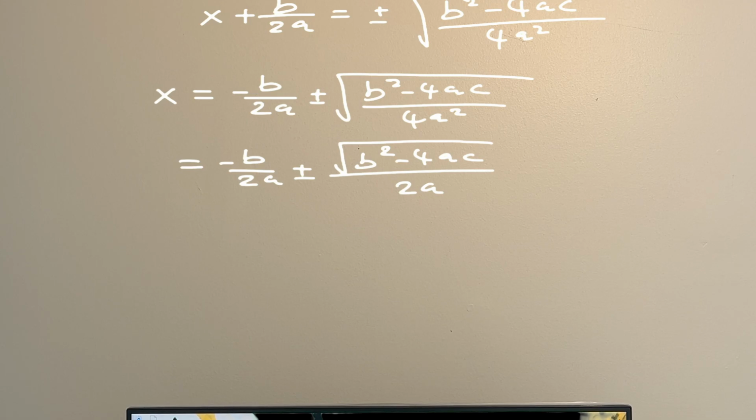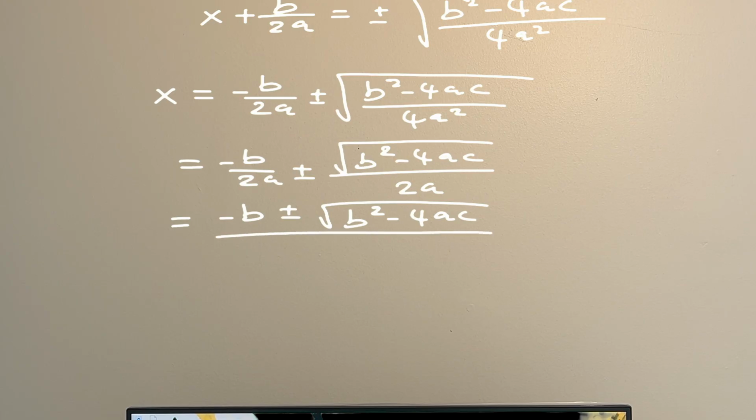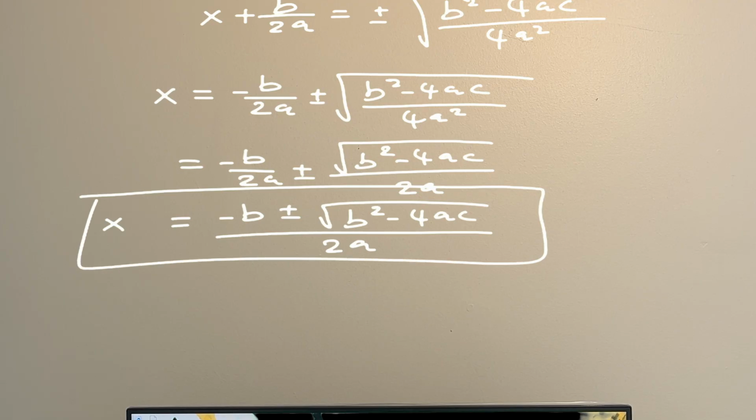We see we had two fractions, so we can add both fractions. That means it's negative b plus or minus the square root of b squared minus 4ac all over 2a. And that is the quadratic formula.